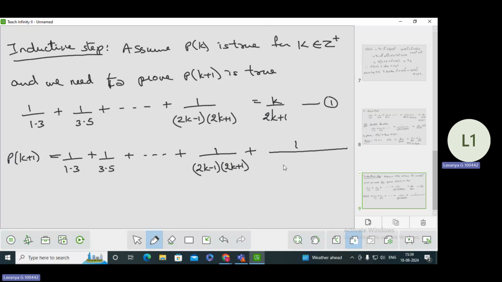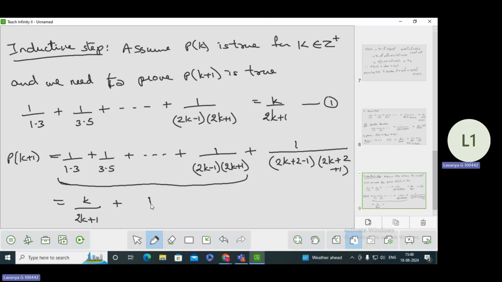So this 2k minus 1 will become 2k plus 2 minus 1 into 2k plus 2 plus 1. So this is now going to be equal to, I'm going to substitute for all these terms from equation number 1, k divided by 2k plus 1 plus 1 divided by 2k plus 1 into 2k plus 3.